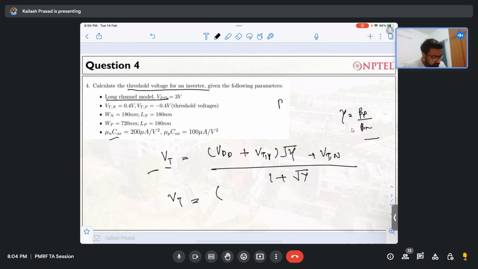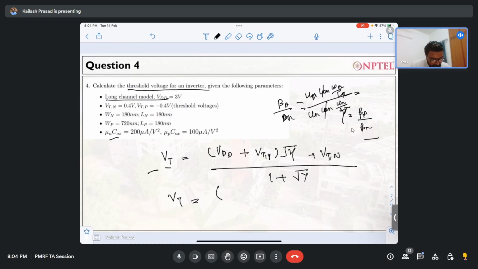Beta p is mu p Cox WP by LP, and beta n is mu n Cox WN by LN. So Cox will be the same, so it will be cut down.